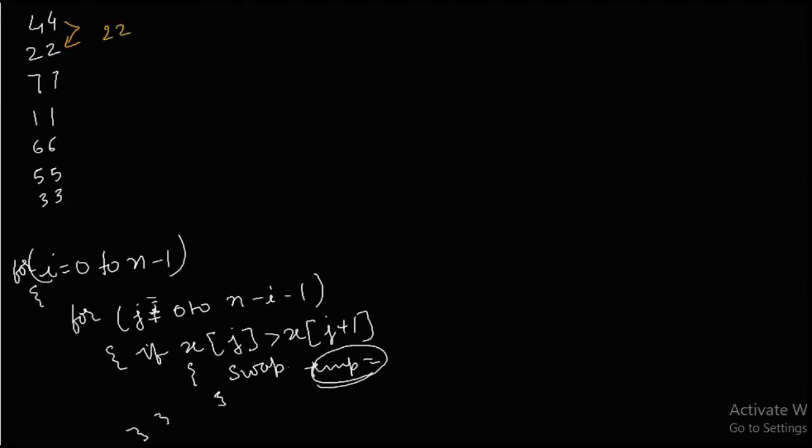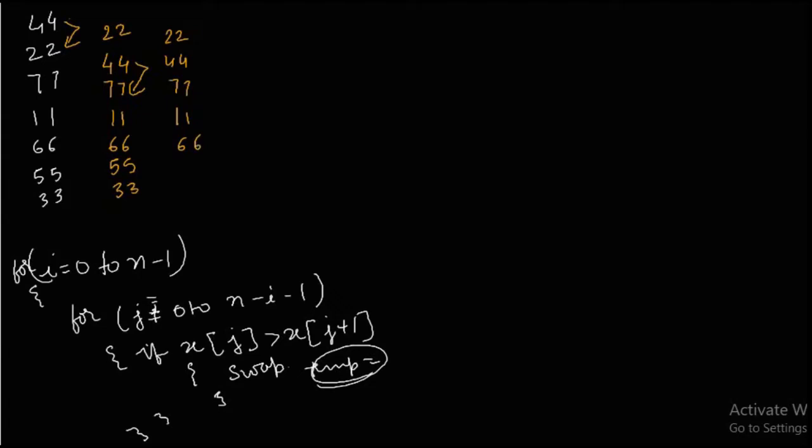So it will become 22, 44, and the rest of the elements as they are: 11, 66, 55, 33. In the next iteration, the inner loop is getting executed, and 44 and 77 will be compared. When 44 and 77 are compared, no swapping will take place as 44 is not greater than 77. So the list will remain as it is.